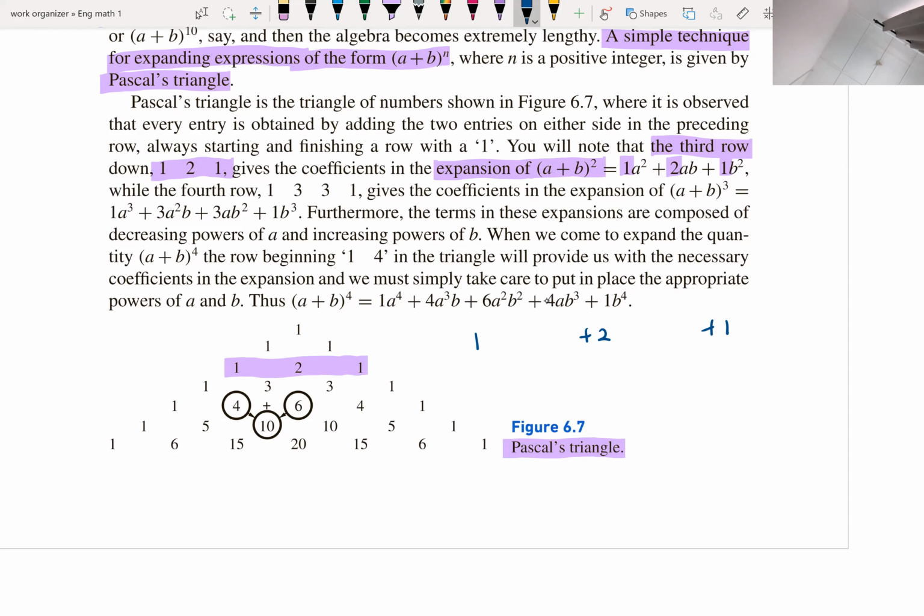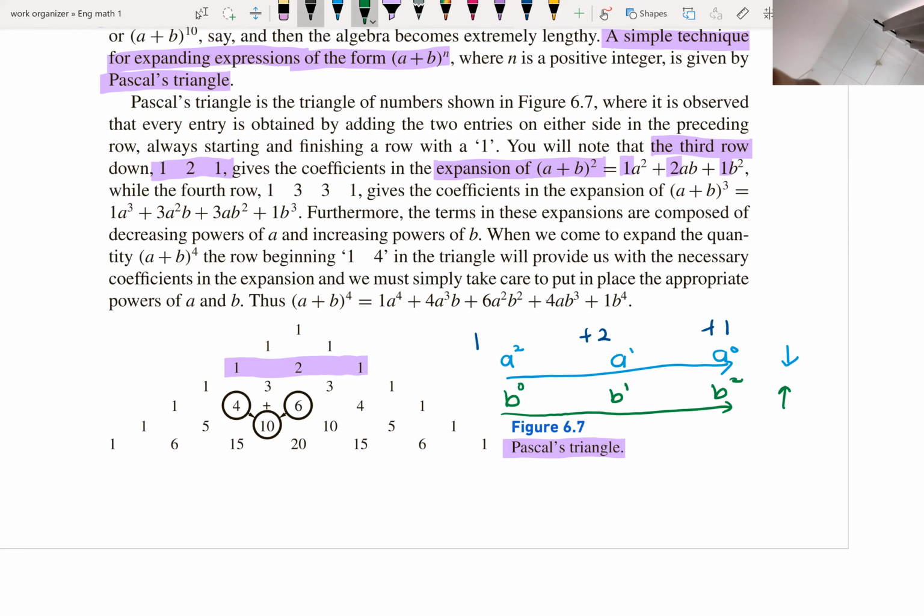And then how to write a and b? For a, it will be decreasing as it goes from left to right, so the highest power is at the left, then the power of 1, then 0. For b, it will be increasing as it goes from left to right, starting with b to the power of 0, b to the power of 1, and b to the power of 2.